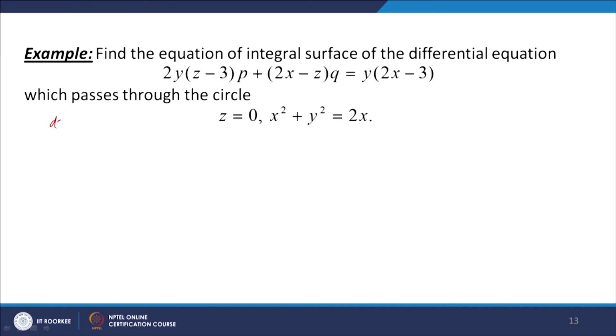We have the characteristic equations as dx over 2y times (z minus 3), equal to dy upon (2x minus z), equal to dz over y times (2x minus 3). So, these are the characteristic equations for this.